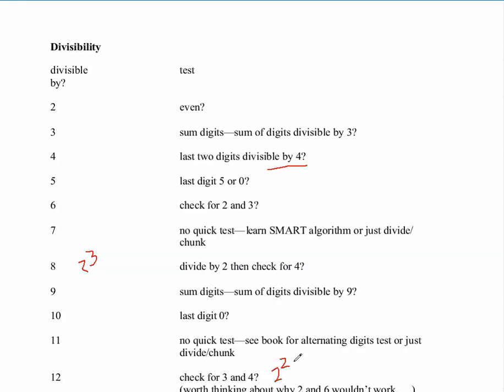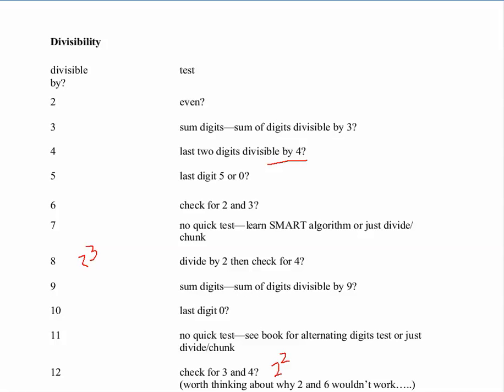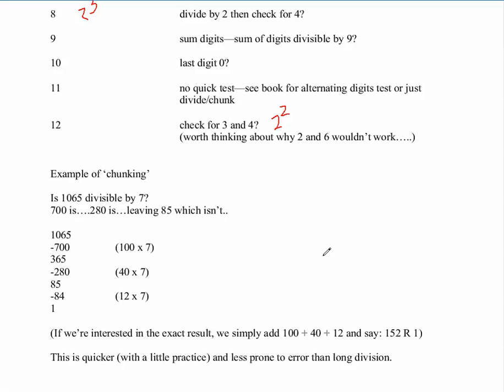Okay, now let's look at an example of chunking. If we need to check for divisibility by 7, one way is to do our old friend long division, which we learned in school.